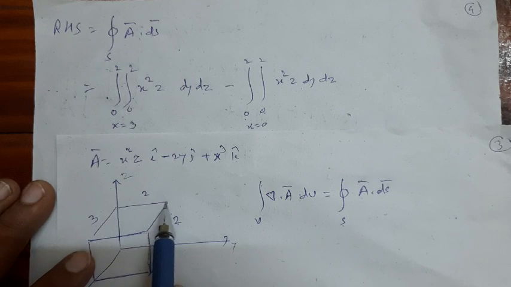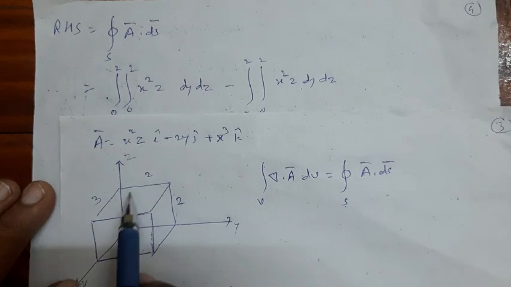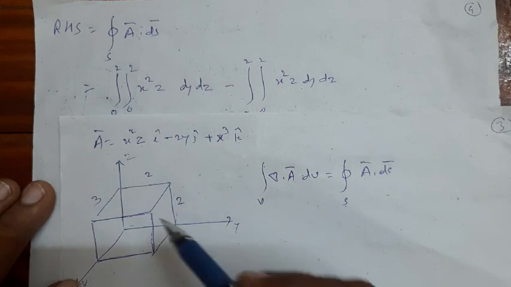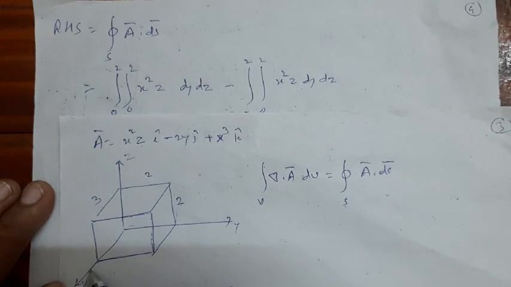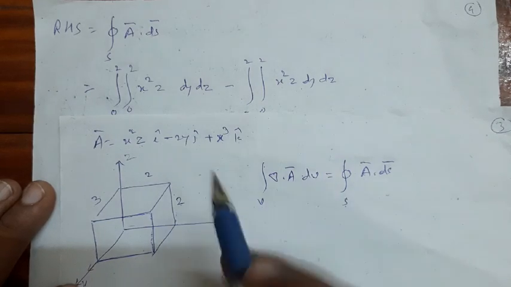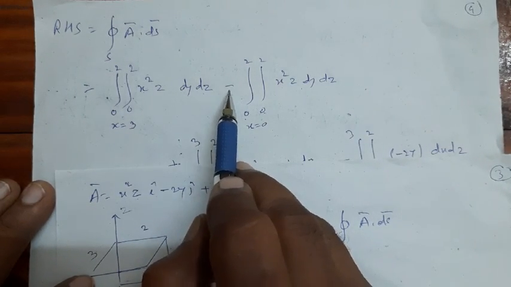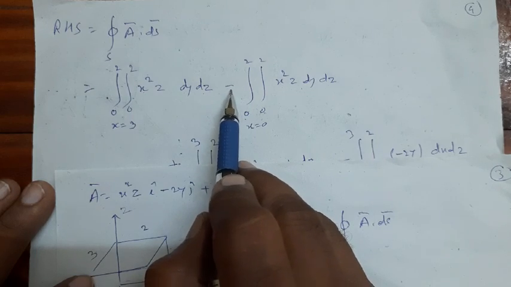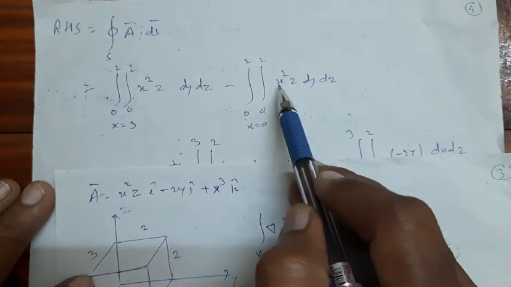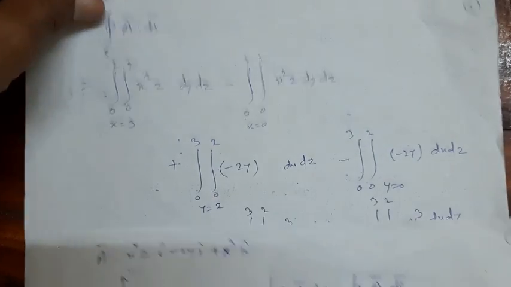But if I consider the back surface, again it is in the yz plane, but as the front surface is assumed to be along the positive x axis, the back surface is to be assumed along the negative x axis, and therefore this is negative i cap, but i cap dot minus i cap will be minus 1, and therefore this is a negative sign, it is x square z dy dz. Same situation is there.